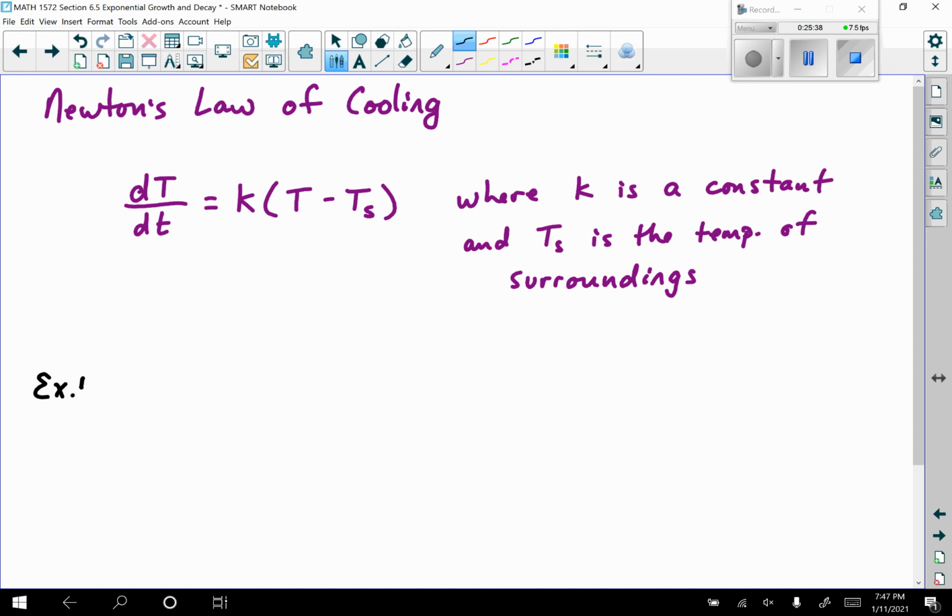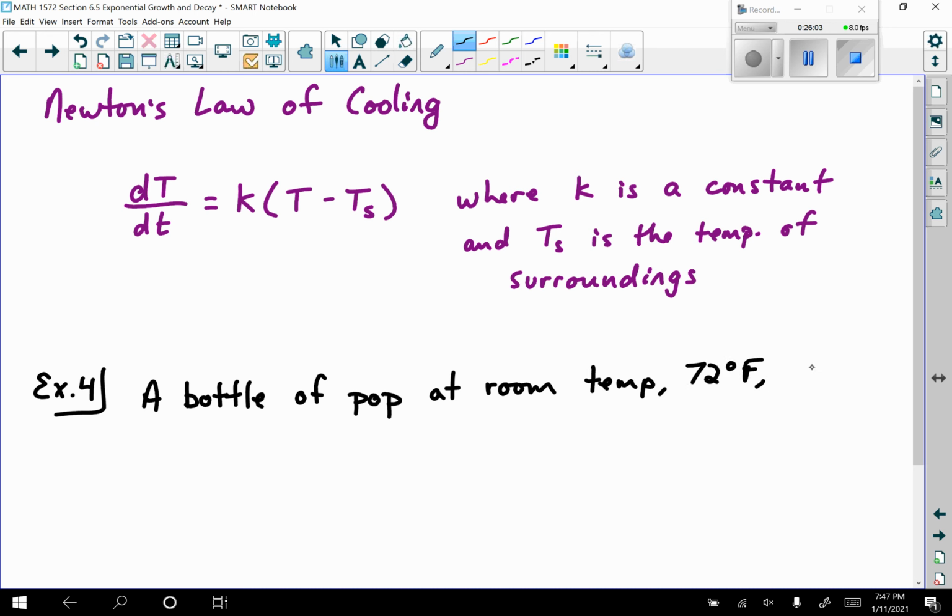So in our fourth and last example for this section, we're going to answer this question. Let's say we have a bottle of pop at room temperature (72°F) that is placed in a fridge where the temperature is 44°F.